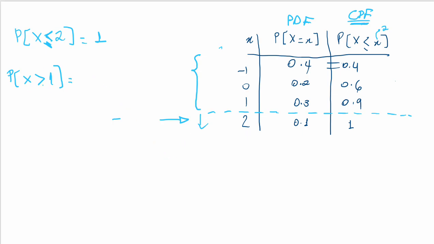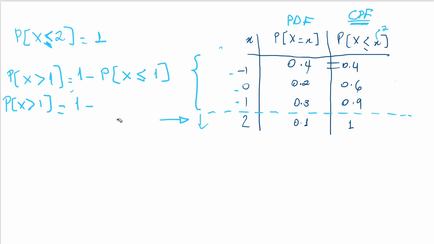So I will do 1 minus the probability of X being less or equal to 1, which is exactly the probability of being 1, being 0, and being minus 1. Okay? Now, I started by asking a question that I couldn't see in the table. But what about now?